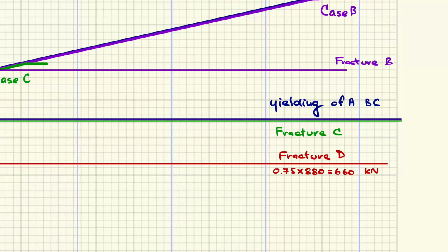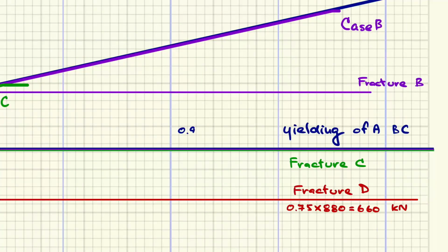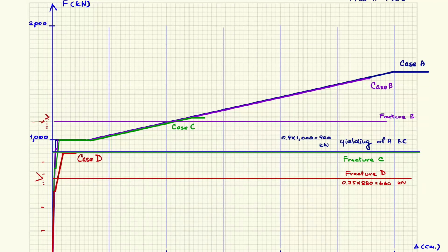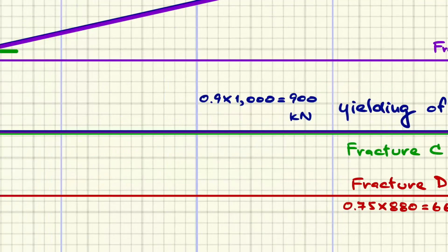Yielding of ABC, which is 0.9 multiplied by 1,900 kilonewton. Fracture of C is from 0.75 multiplied by 1200, equal to 900 kilonewton as well.